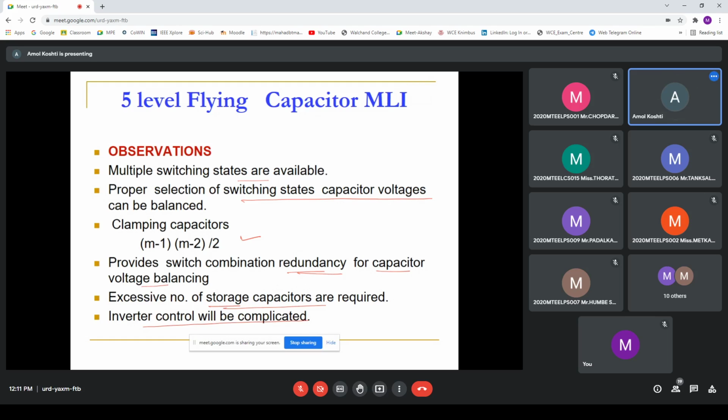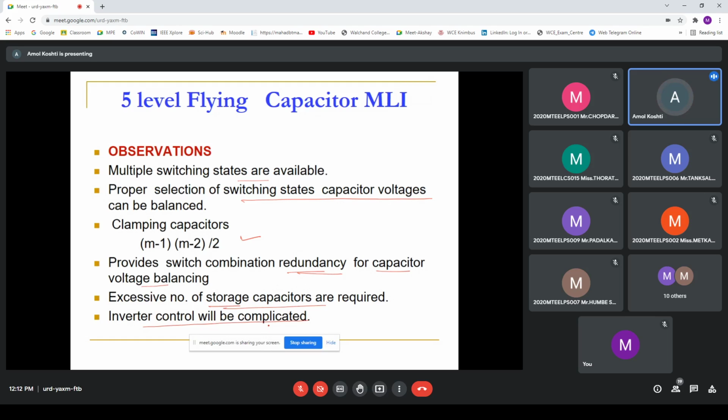In the diode clamp, the physical structure of the circuit was difficult or complicated, but controlling was easy.